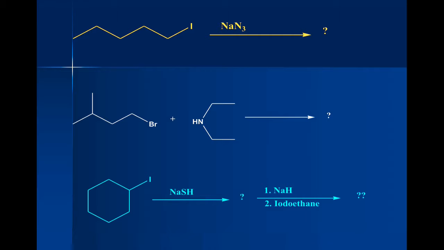It's butane, and what are the substituents? We've got a methyl and a bromine, or a bromo, right? So, 1-bromo-3-methylbutane, right? So we're going to do a substitution reaction because that's what we're studying right now, right?